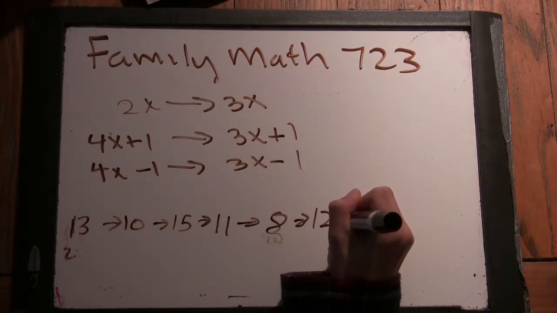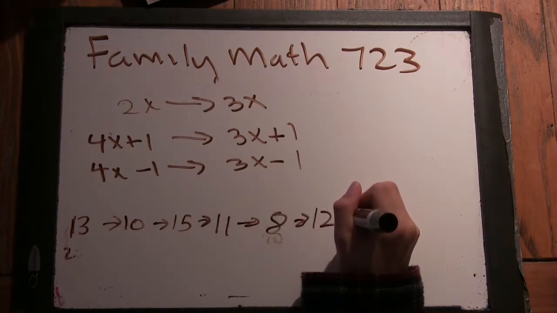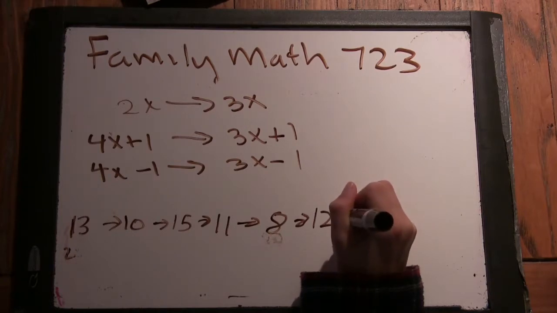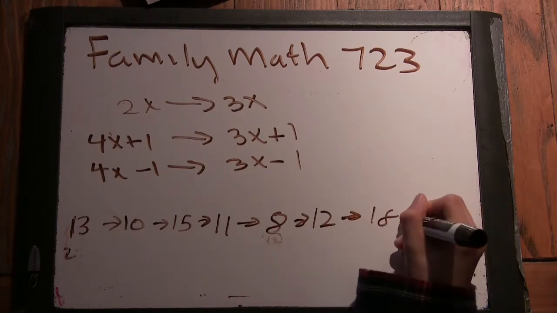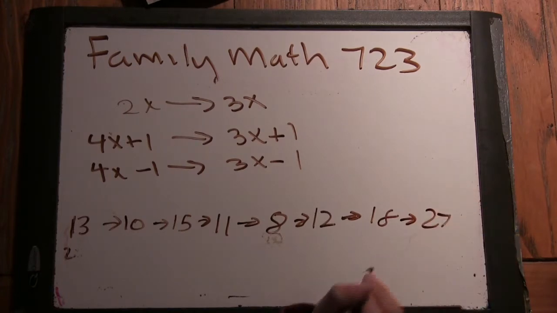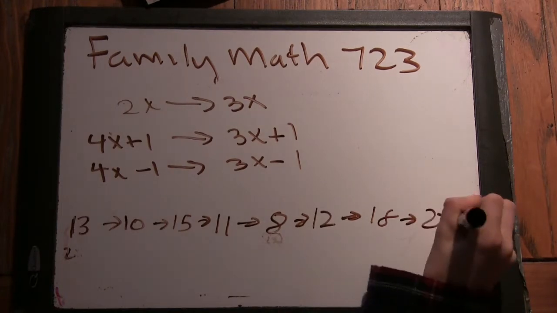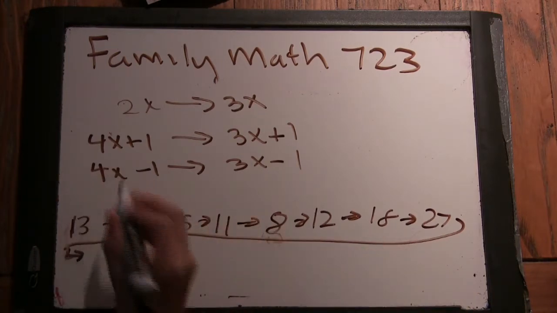12. Then it goes to 18, 27. Here. So this is this form.